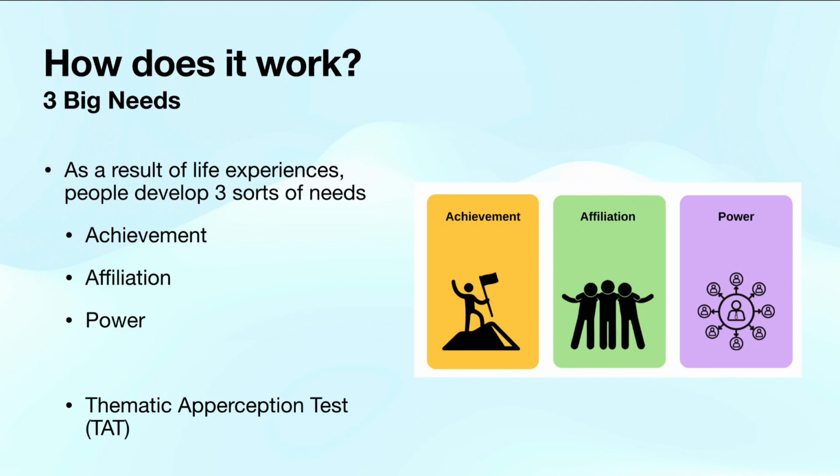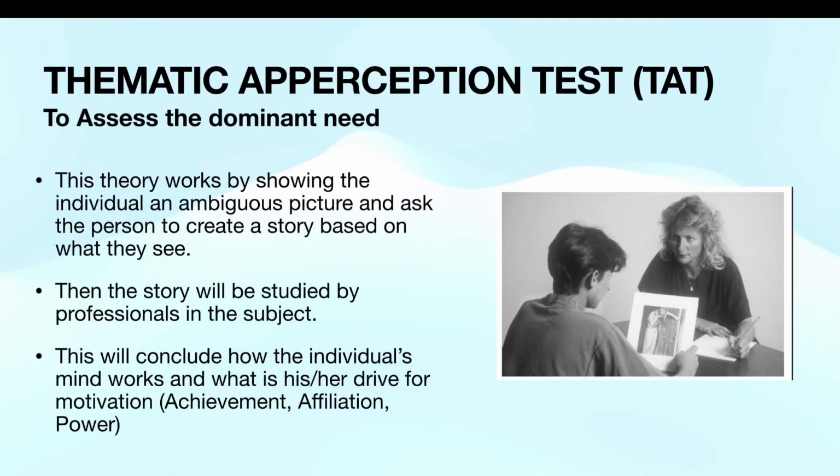Okay, so the thematic apperception test is intended to assess the dominant need of every individual when they're having an interview for a job, right? This works by showing the individual an ambiguous or vague picture, and the interviewer will ask the person to write a story based on what they see in that picture.